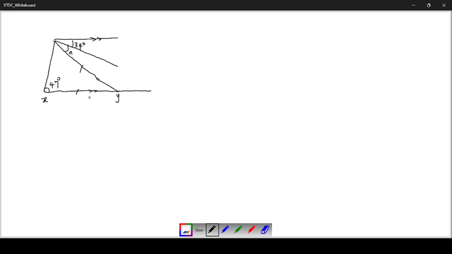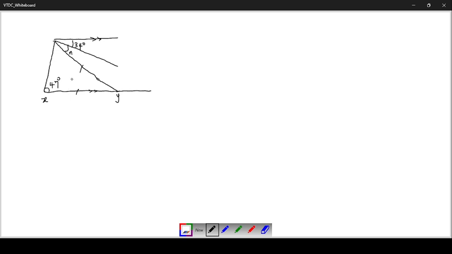The question is to find the angle that is marked n. Invariably, we are looking for the value of n. Looking at this, I'm going to apply the laws of geometric intercepts, which tell us that alternate angles are equal.